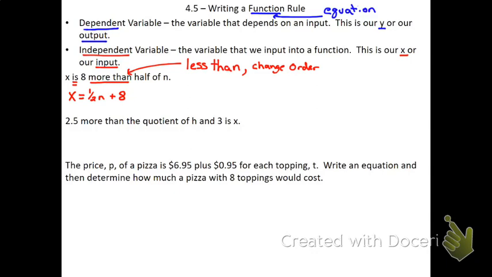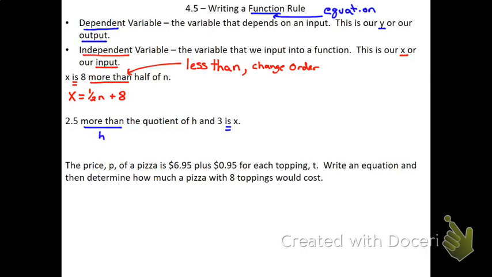As we move down to the second equation, 2.5 more than the quotient of h and 3 is x. So again, we've got our is and we've got our more than statement. So we know that more than, we've got to change the order of the numbers around it. So we're going to start out with h, the quotient of h and 3, quotient meaning division.